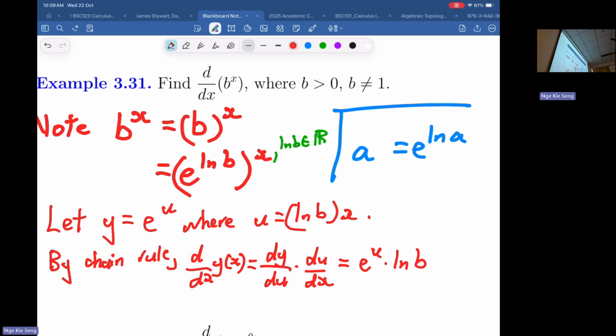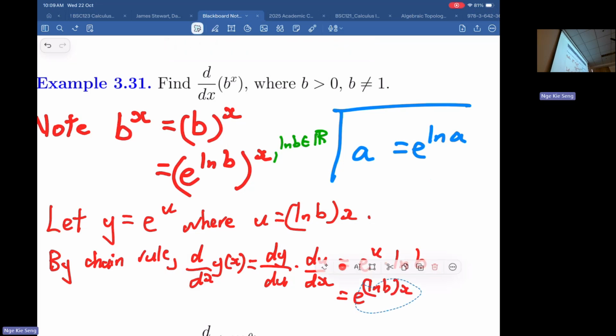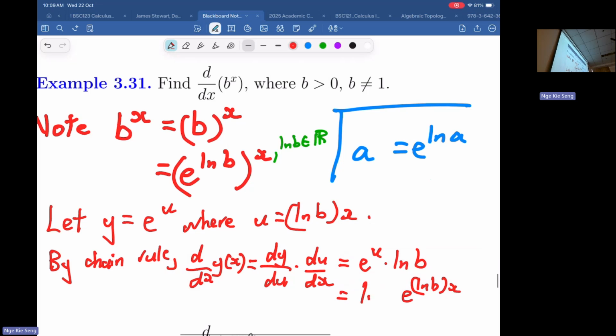Any relation between u and x? You need to substitute your u in terms of x here. So you should substitute u equals ln bx. Altogether you get ln b times e to the ln bx.